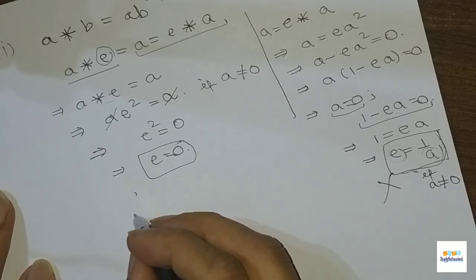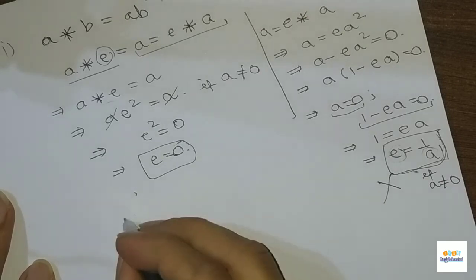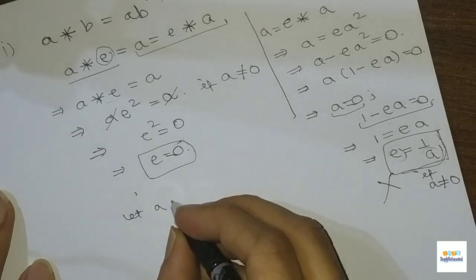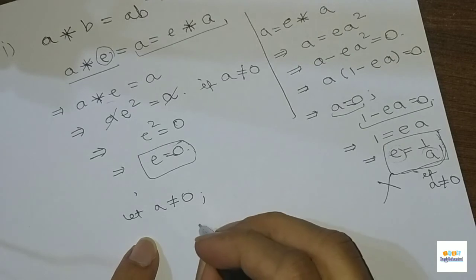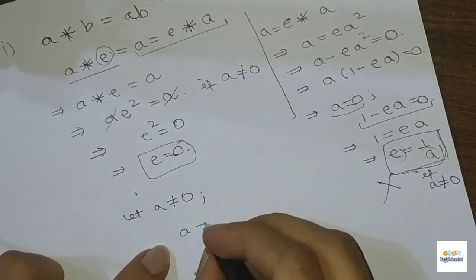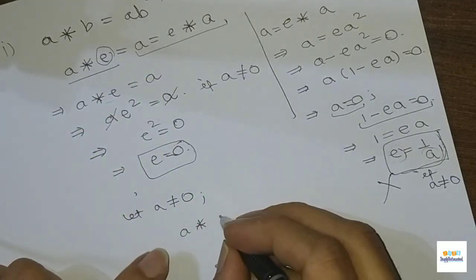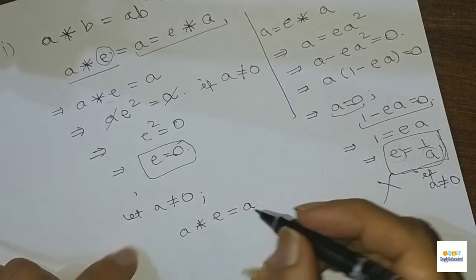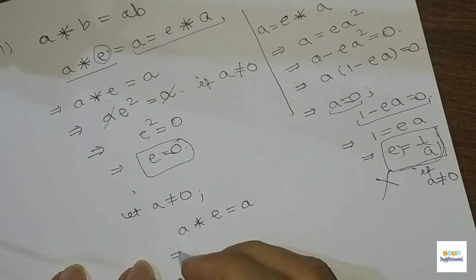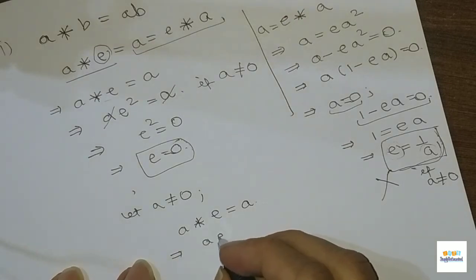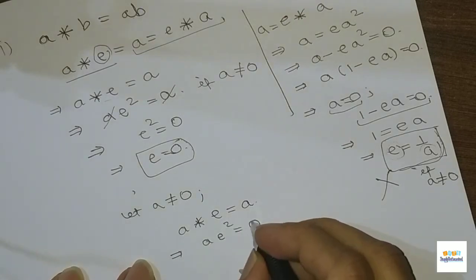Now suppose we take any element a, let a be not 0. So from here you should get a star e equal to a. That means what you should get is a e square equal to a.